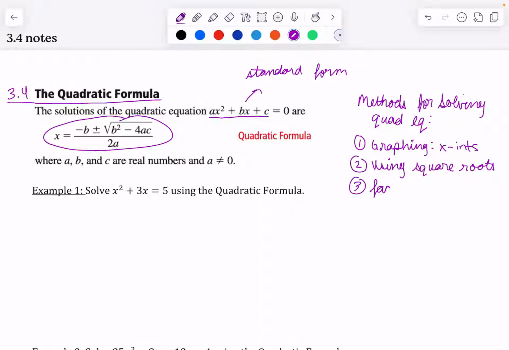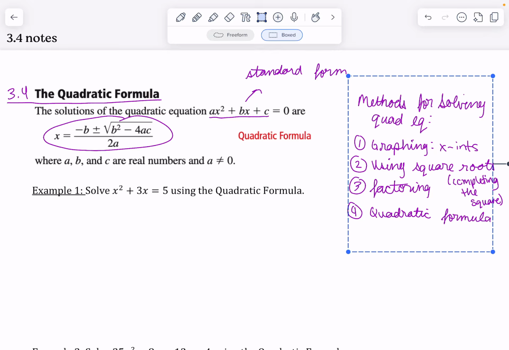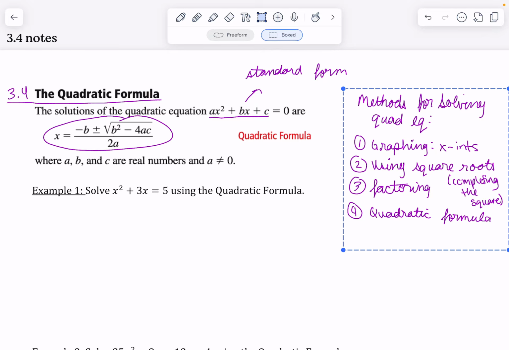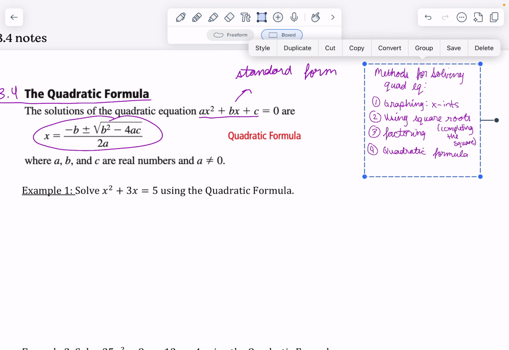The third method was factoring. We also learned completing the square, but completing the square is also considered using square roots. And then the last method that we are learning today is the quadratic formula. So these are the methods we have at our disposal at the moment, or actually, we will have after this lesson.